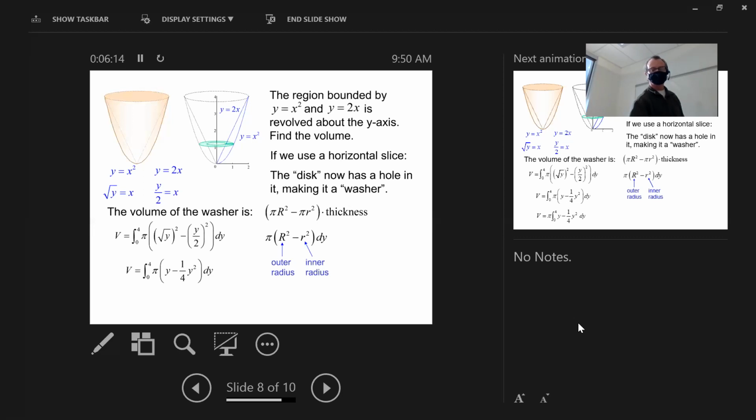And what? Just square both terms. Bring the pi outside, which again doesn't matter. Now what? Well, from here to here, this is the power rule reverse. You can't forget to anti-differentiate.